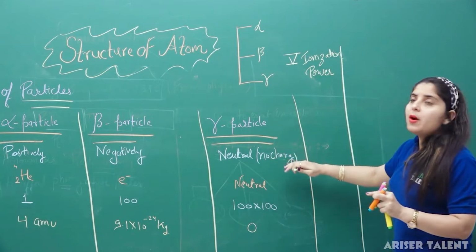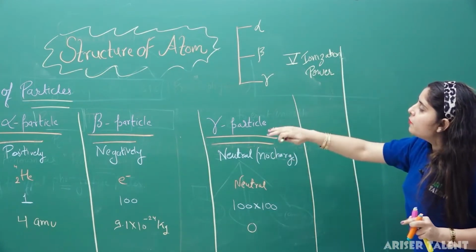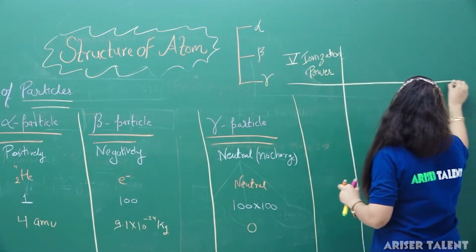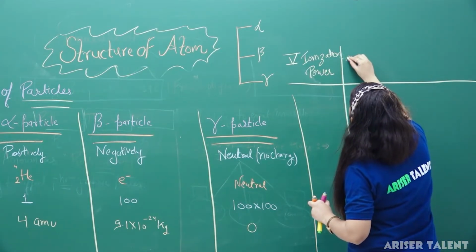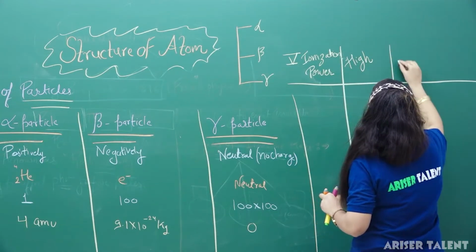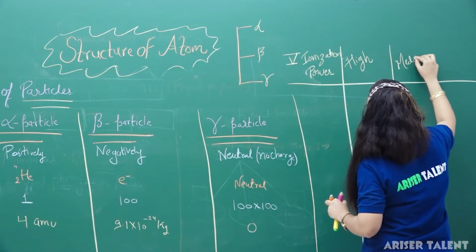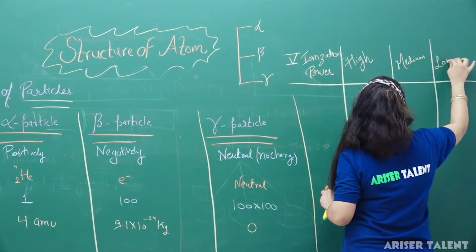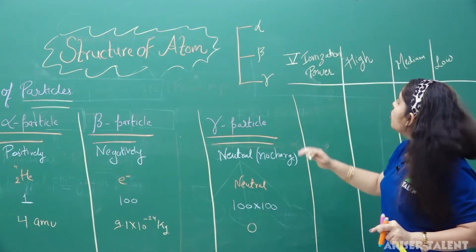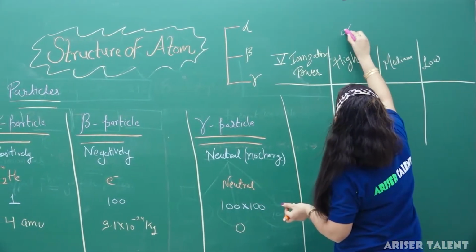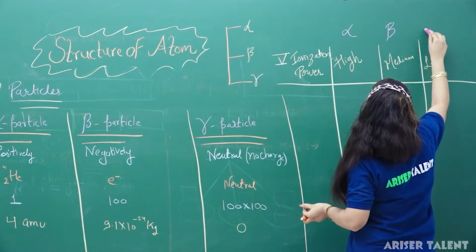If we talk about the ionization power of alpha, beta and gamma particles, in case of alpha particle, the ionization power is very high. In case of beta, it is medium. And in case of gamma, it is very low. So this is the ionization power of the three types of particles, alpha, beta and gamma.